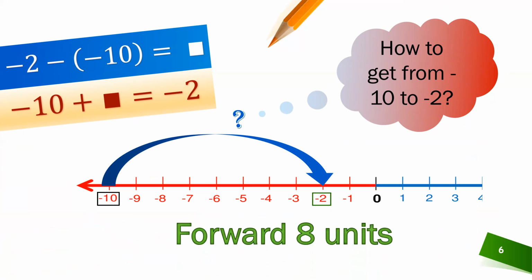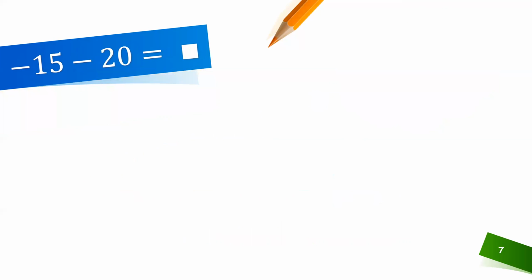Forward 8 units. So negative 10 plus 8 is negative 2. Therefore, negative 2 minus a negative 10 is 8. Use your definition of subtraction. Turn it into an addition problem and figure it out that way.